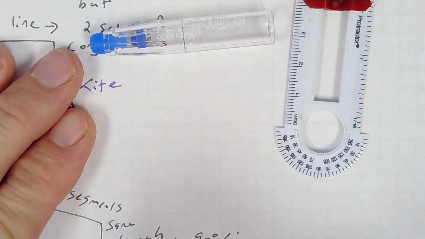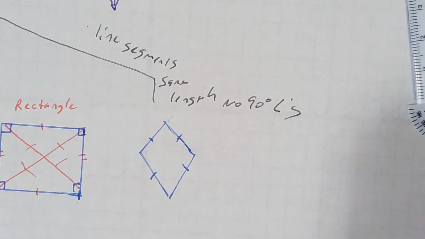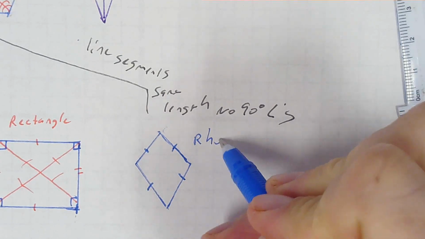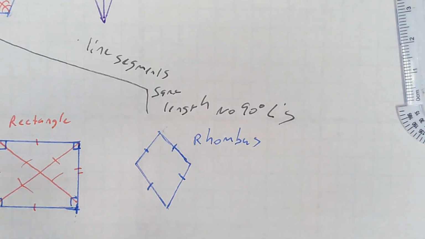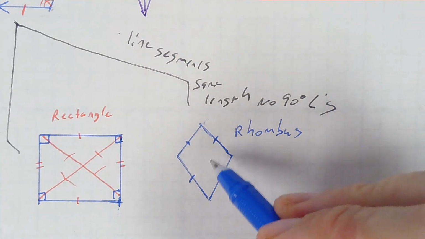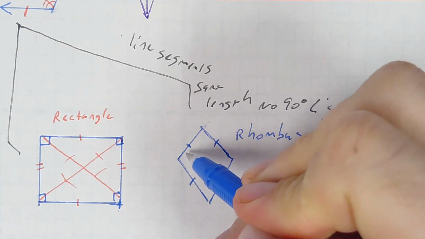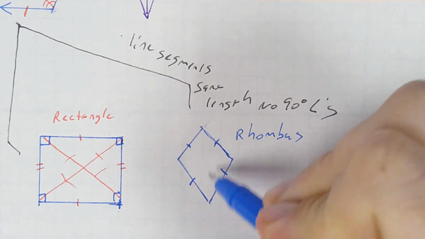So we'll just say that all of these are the same length. Okay, that is a rhombus. The rhombus has 4 equal sides, but none of these angles are 90 degrees.